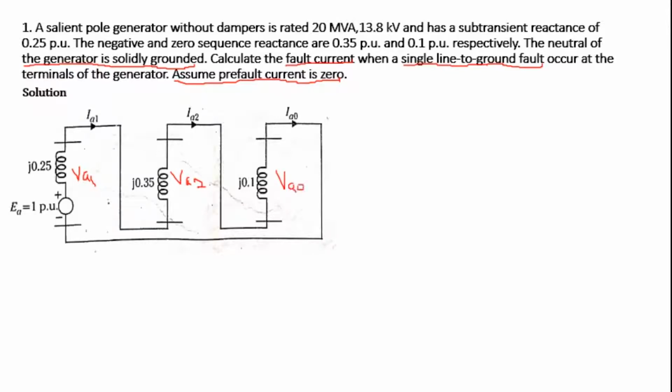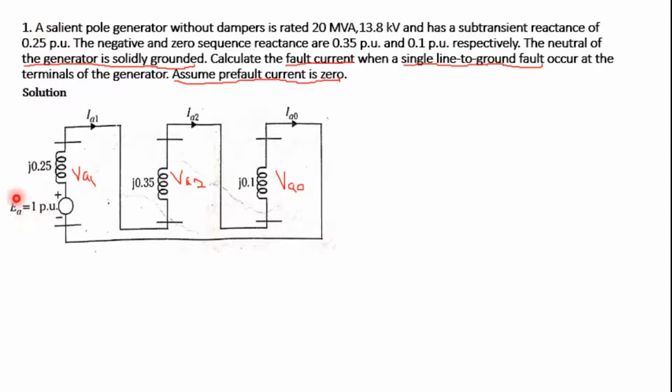So this is for positive, this is for negative and this is for zero. Here he has directly given the values of positive, negative and zero, and sometimes they will give them in terms of ohms, and we have to convert them into per unit values.